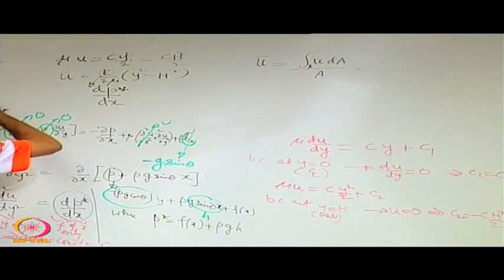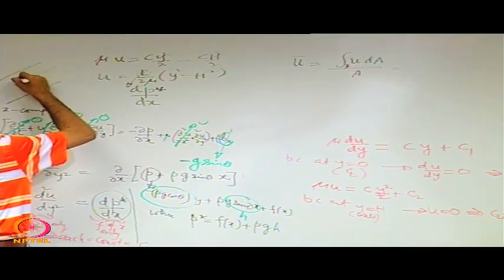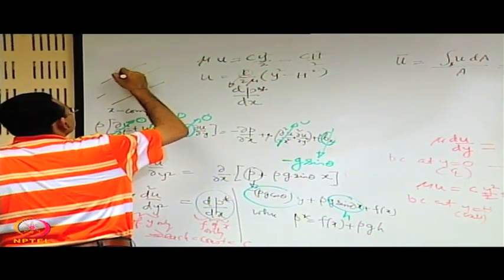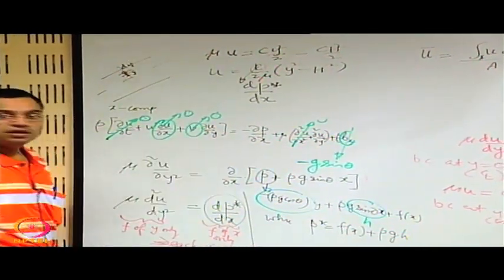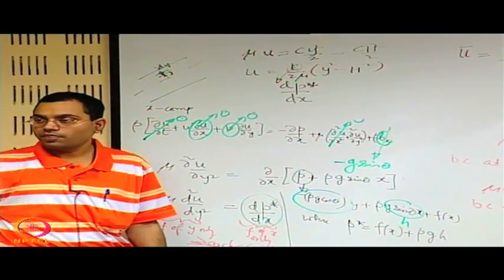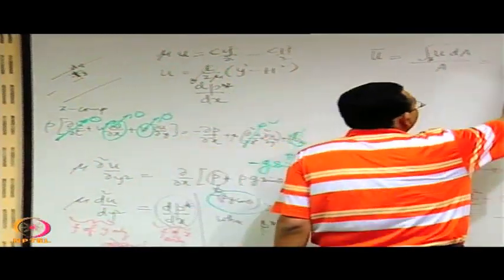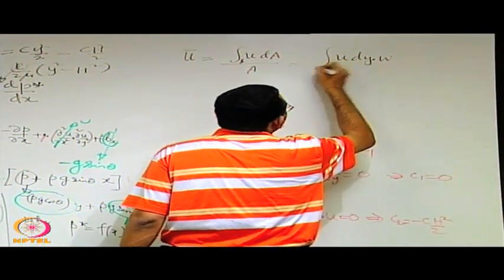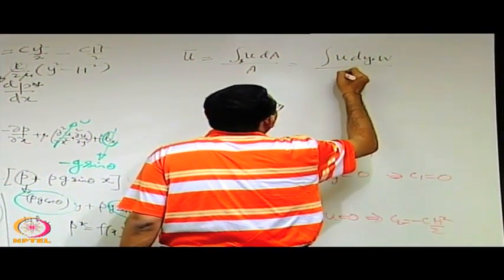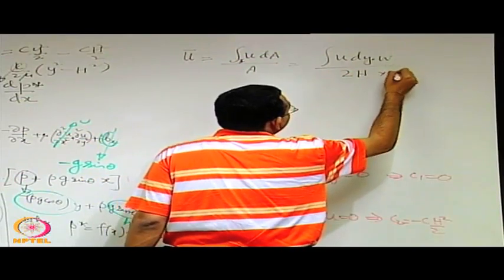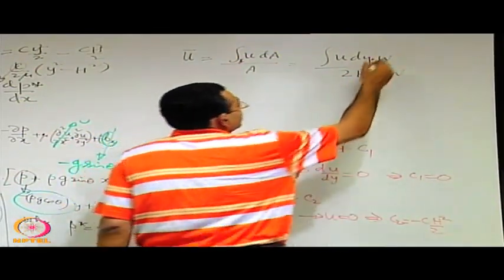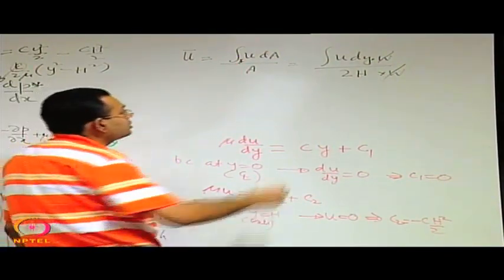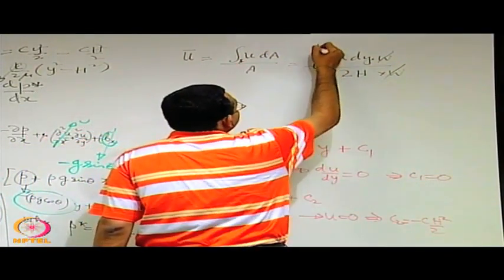So let us say that this is the channel. At a distance y, we take a small strip of width dy, and dA is dy into the width of the channel. So it is integral of u dy into the width of the channel divided by 2h into the width of the channel, and the effect of the width of the channel gets cancelled out, and this is actually from minus h to plus h.